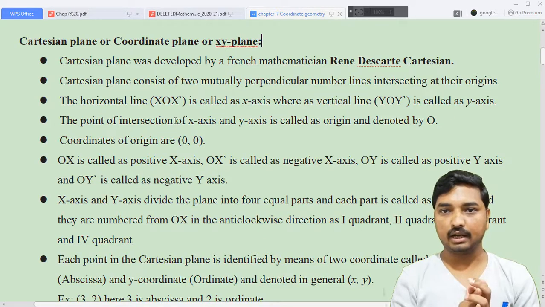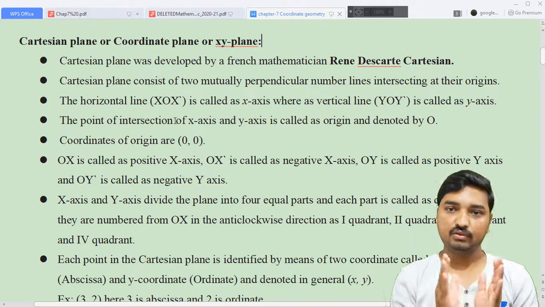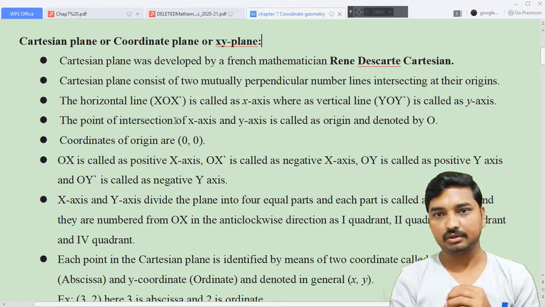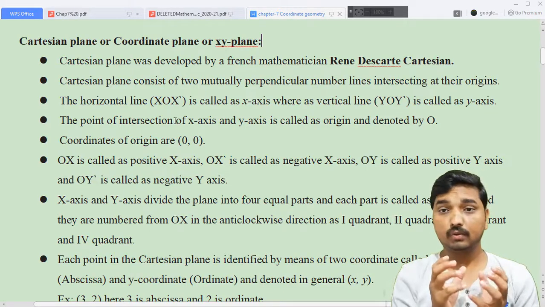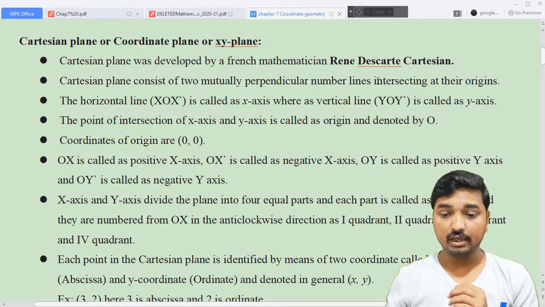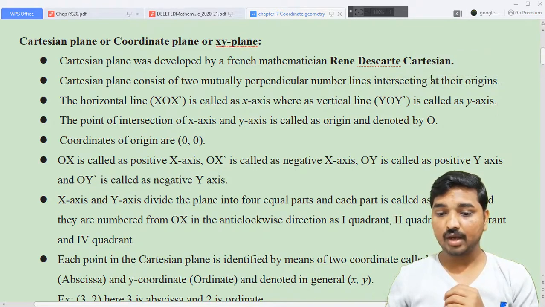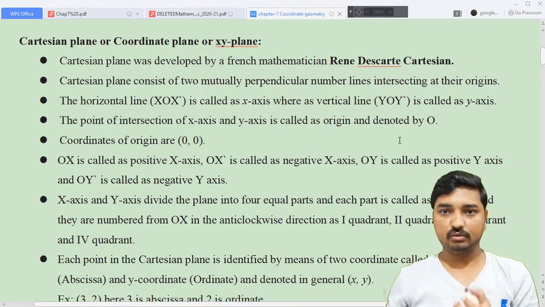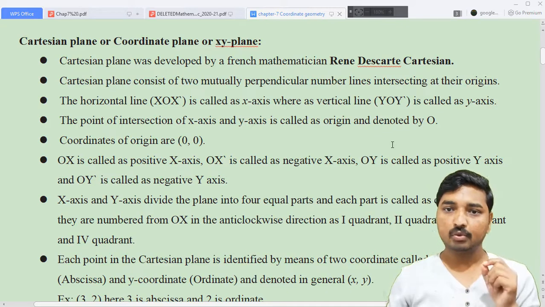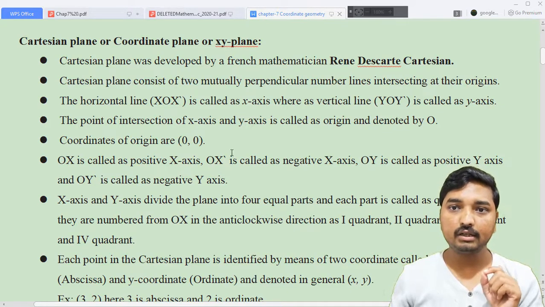That is actually the real line. So if you consider two real lines and place them mutually perpendicular to each other, then one more important condition is, now look at here, intersecting at their origins. This is very important. You have to place those two lines perpendicular to each other, and moreover, they must intersect at their origins.